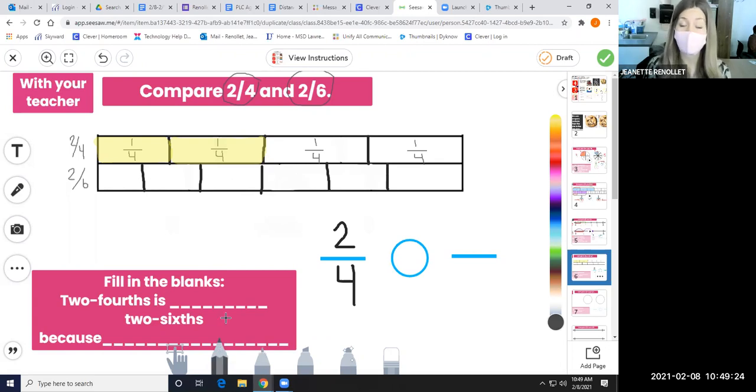After you partition, you can label using the unit fraction. If my denominator is 6, I know that each one will be 1/6. Join me in labeling your equal parts with the unit fraction.